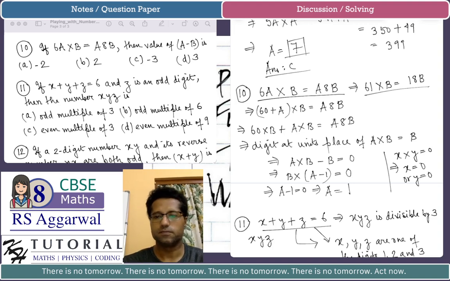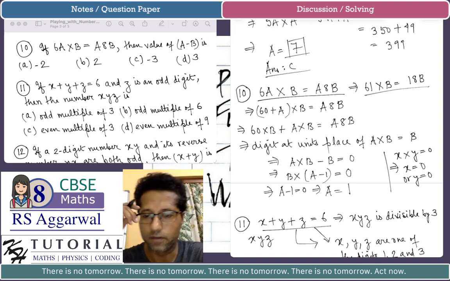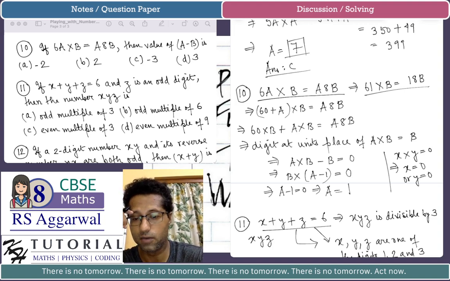We have this from the fact that after finding a equals 1, if we put the digit a as 1 in the given equation, we get 6a into b, that becomes 61 multiplied by b, equal to the 3-digit number a8b, which becomes 18b.